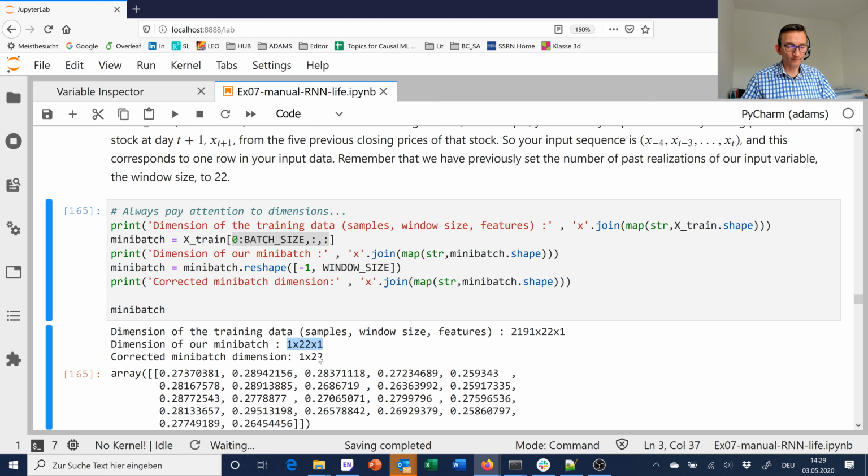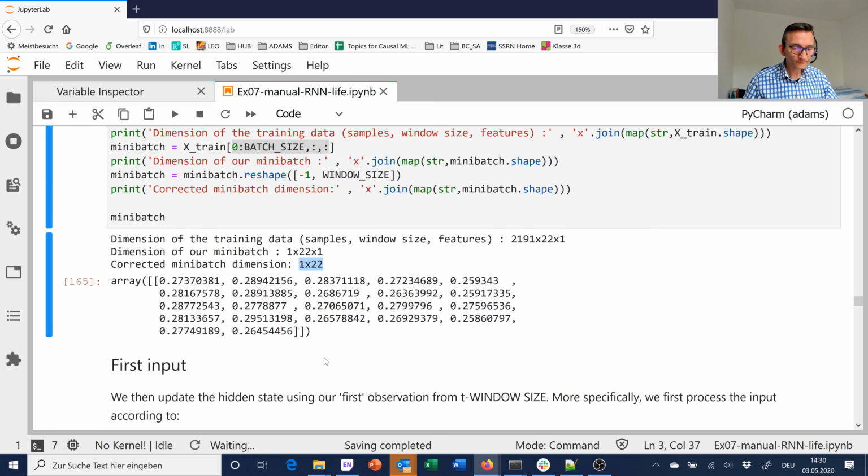Otherwise, my code would look more complicated. So to illustrate what's going on with a single feature, I'm just using reshape once more and mapping my input data into a vector with 22 elements, which is x t, x t minus 1, x t minus 2, x t minus 3, etc., all the way back to my window size. So that is my x, basically.